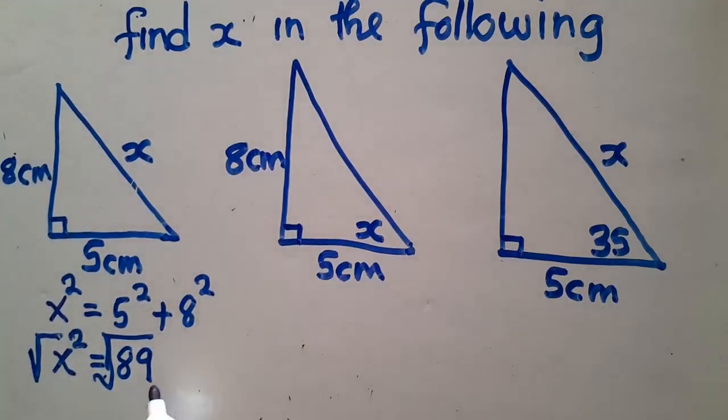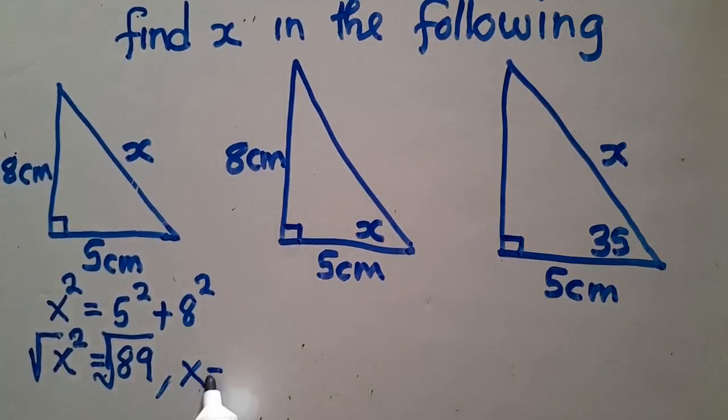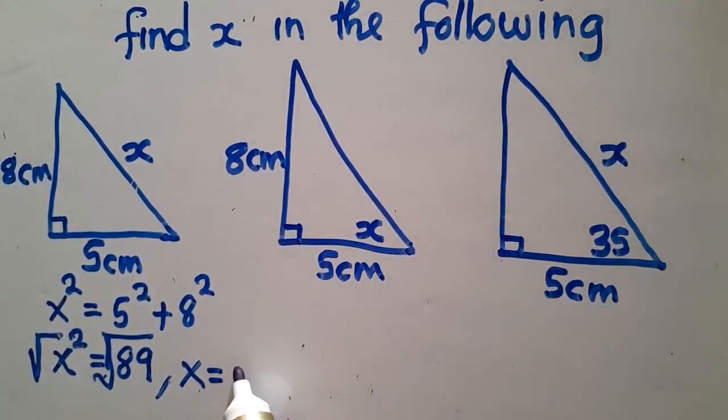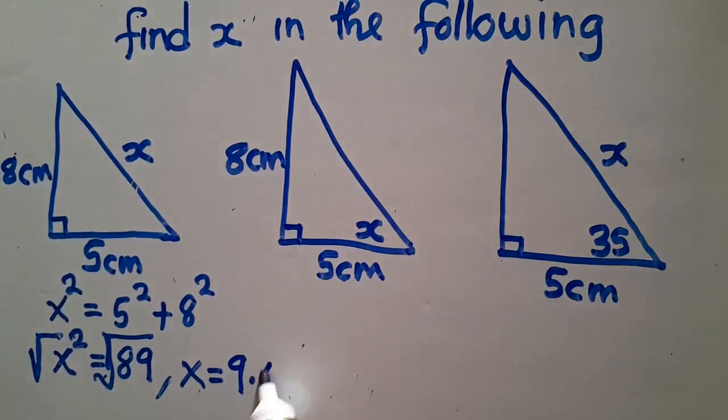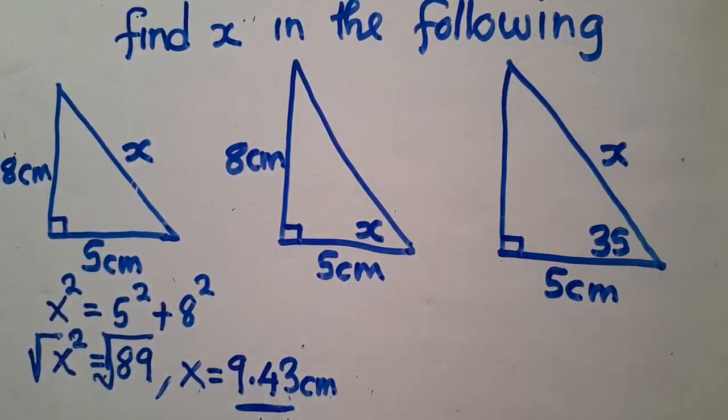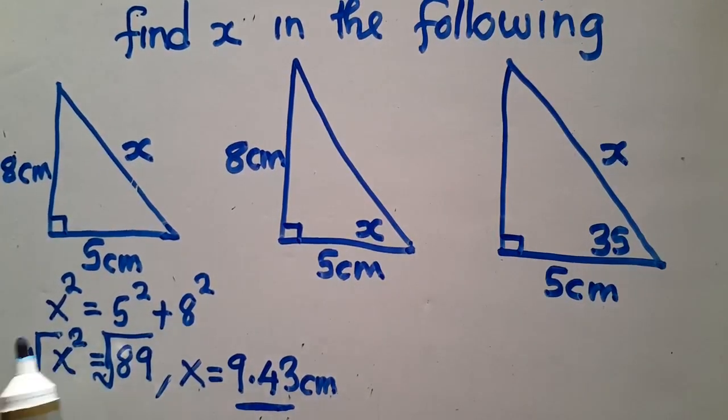So x will be equal to the square root of 89, which is 9.43. Then you just say centimeters. This is the value of x in the first one.